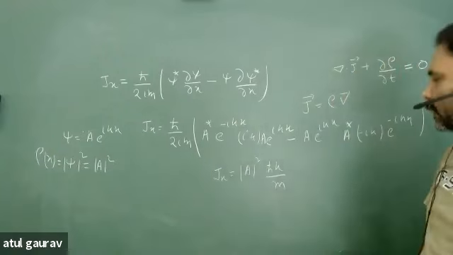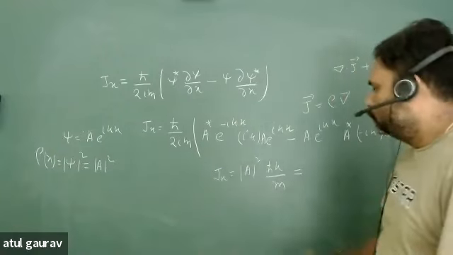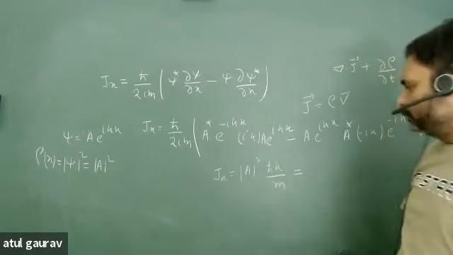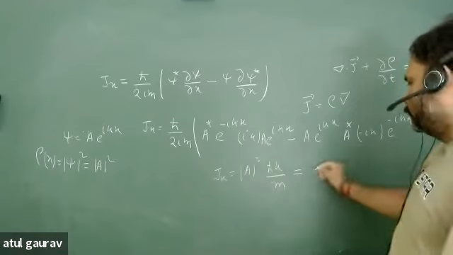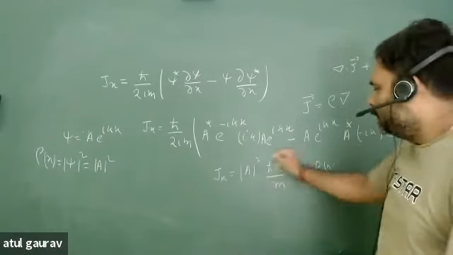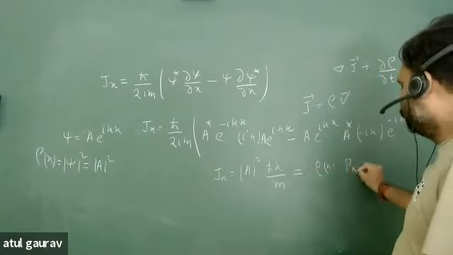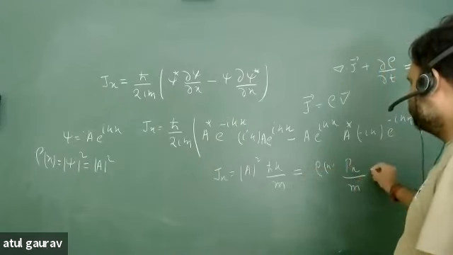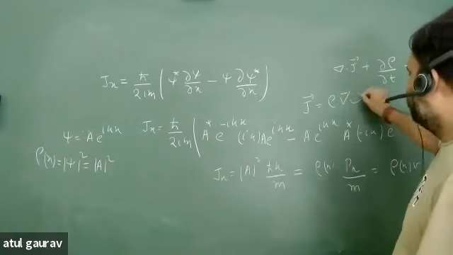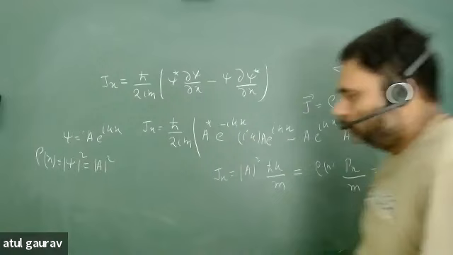So what is this particular thing? What is this value? This is nothing but the probability density. And what is h cut k? H cut k upon m is nothing but the momentum by mass, that will be probability density into v. So we have exactly the same type of situation, isn't it?